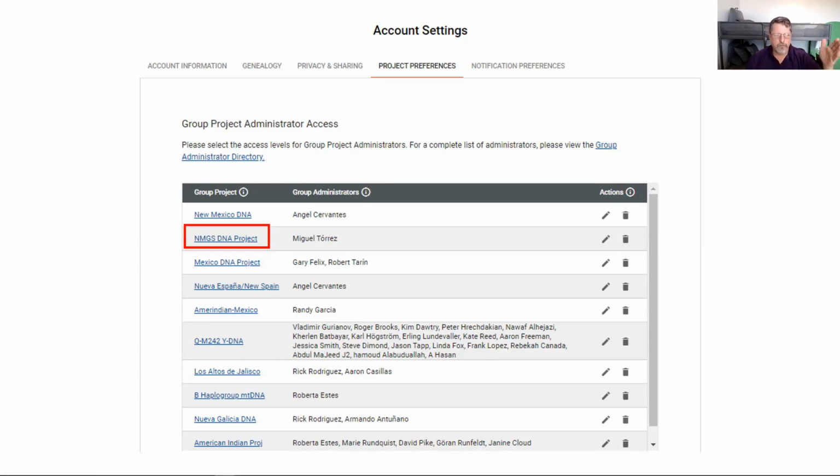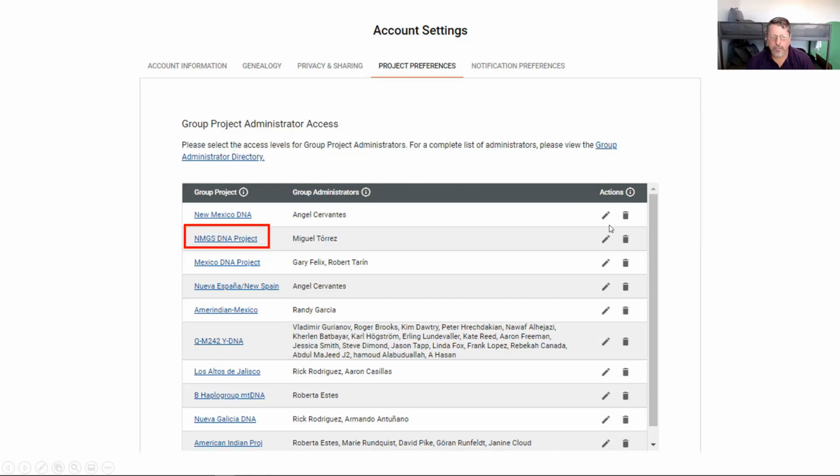So sure enough, the regional geographic based projects fit. And of course, I'm in one mitochondrial DNA project because there are some mitochondrial DNA projects out there also. Most of the projects are Y-DNA based, but there are mitochondrial DNA projects also.